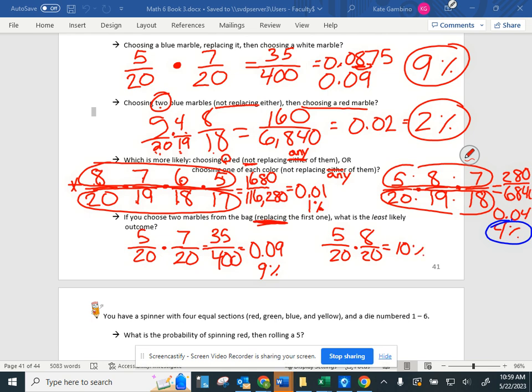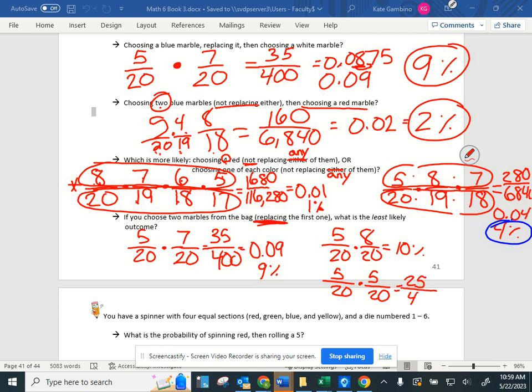So we just went bigger. We want to get the least likely. So if we went to a bigger number and our percentage went up, what do we need to do, Nora? A blue, and then choosing a blue, get the smallest numbers we can get.